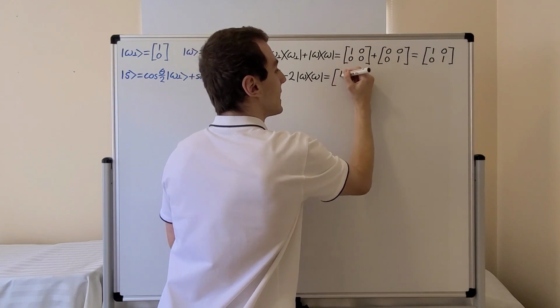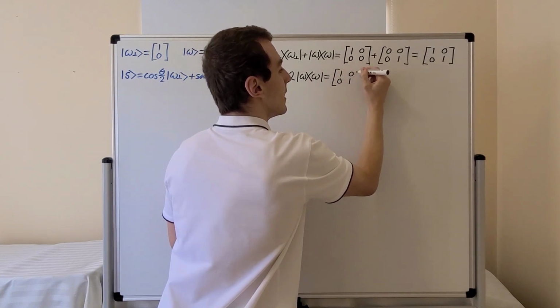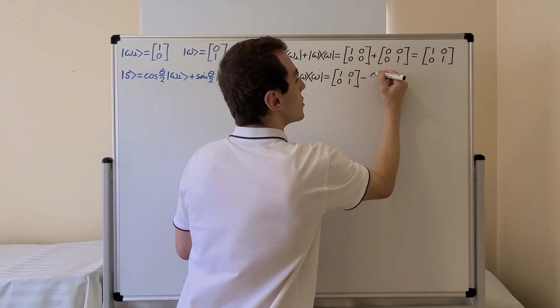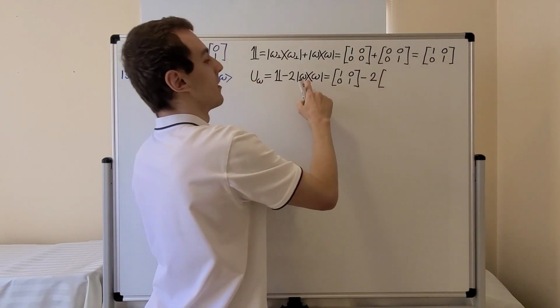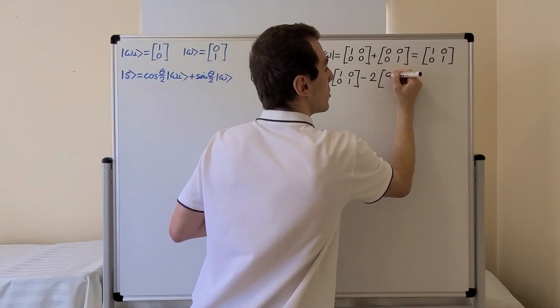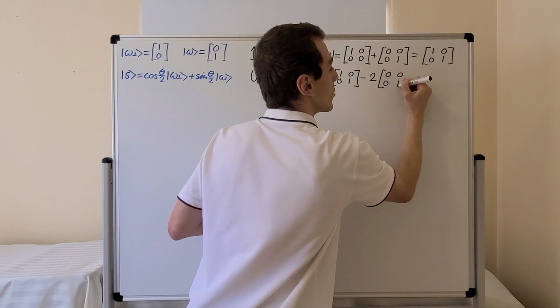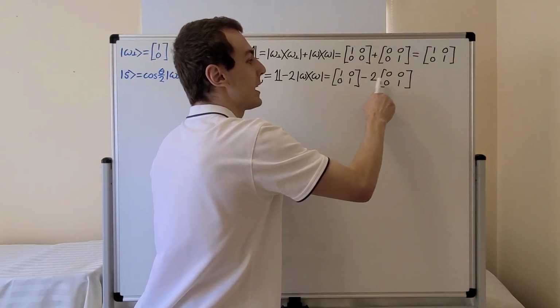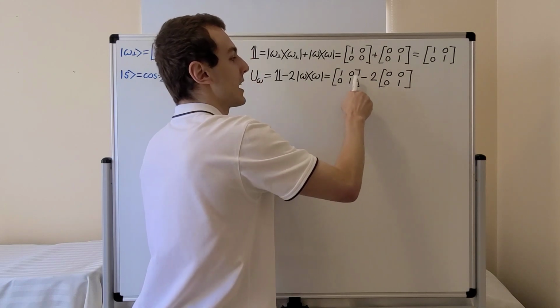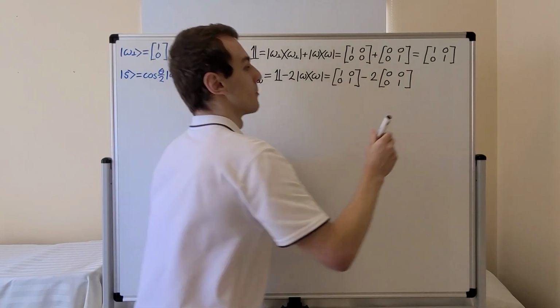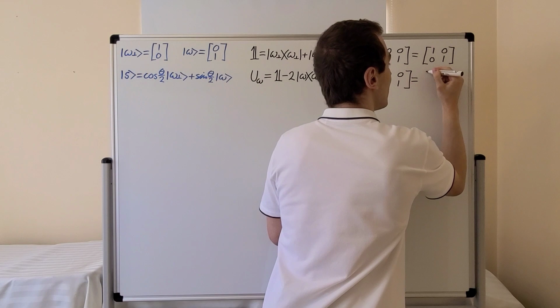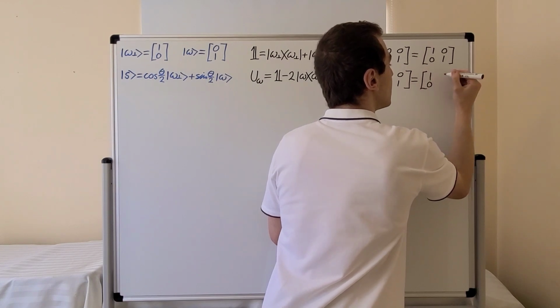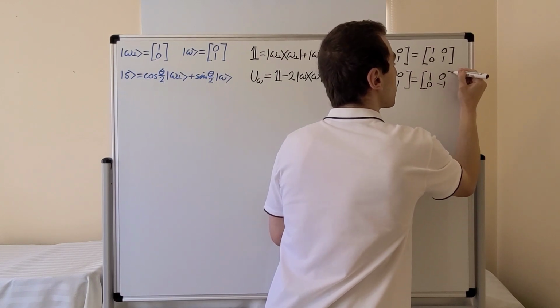We're going to have the identity matrix minus 2 times this projector, which is 0, 0, 0, 1. So what does this do? Well, we have a minus 2 over here, so that flips the sign of this term. And that gives us the matrix representation 1, 0, 0, minus 1.